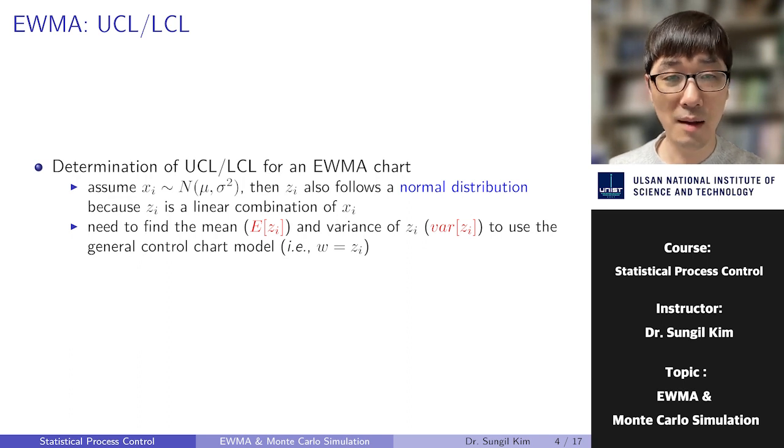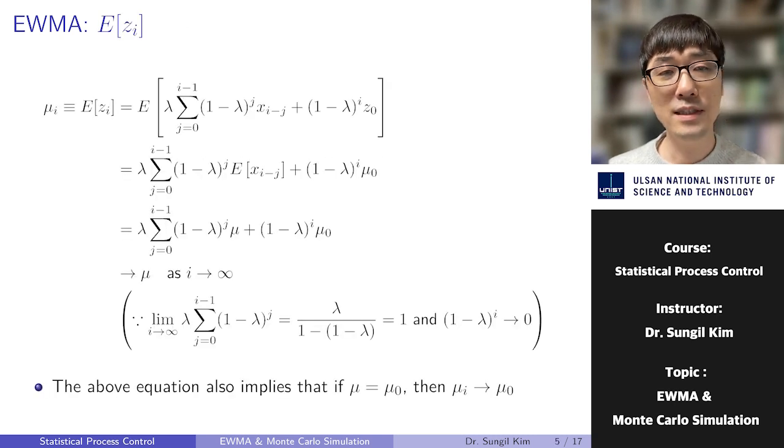Then we need to compute the mean and variance of zi. I'm going to skip details, but the expectation of zi converges to mu as i goes to infinity. If mu equals mu0, then the expectation of zi converges to mu0.